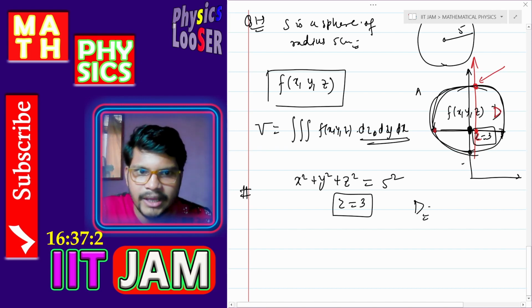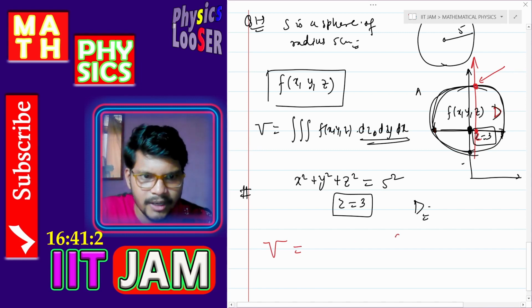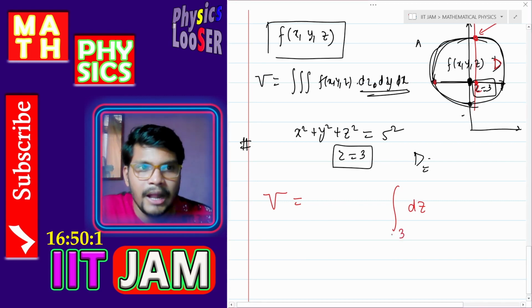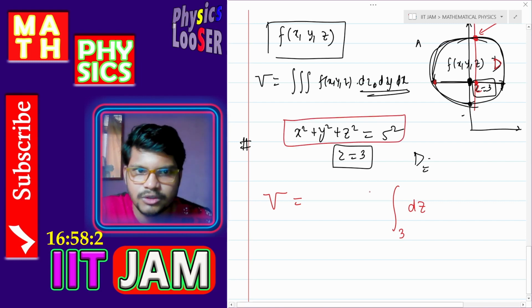So let us say I have dz. dz is going from where to where? From 3. And since this point is also on the sphere, it must satisfy this equation: x square plus y square plus z square is equal to 25.